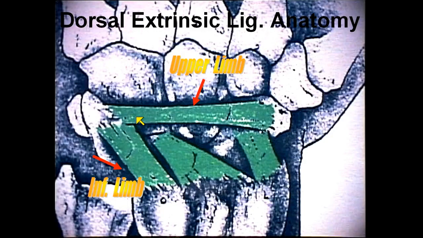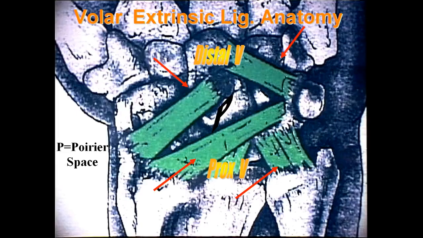The ones in the back are going to include the intercarpal dorsal ligament, which is pretty horizontal, and the lunato-triquetral long ligament in the back. That's going to make your sort of horizontal V.